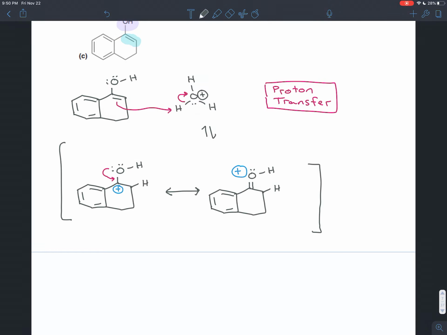So the water can come in, the water from this last step that hydronium becomes when it loses this H. The water can act as a base. The slightly negative oxygen can steal that slightly positive hydrogen. The electrons can snap back onto the oxygen there to stabilize that positive charge. Notice that this is a second proton transfer.